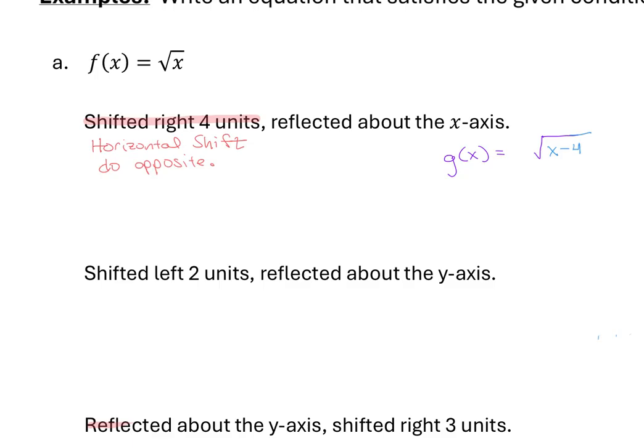All right, the second thing that we have is we have reflected about the x-axis. And so when we visualize this, again, it doesn't tell us whether it's horizontal or vertical. If we look at this, this is my x-axis, and if we are reflecting it about the x-axis, this is going to be a vertical reflection.